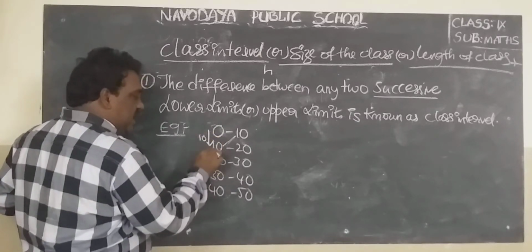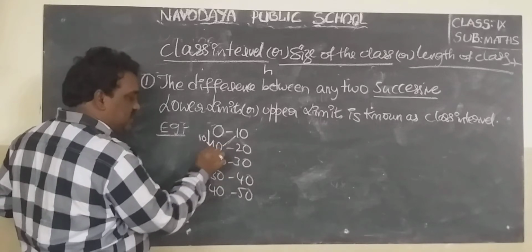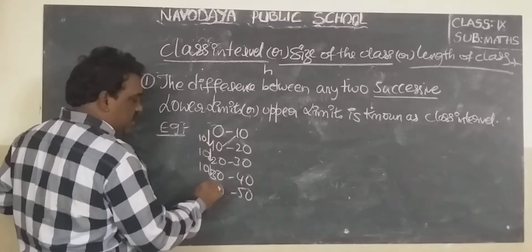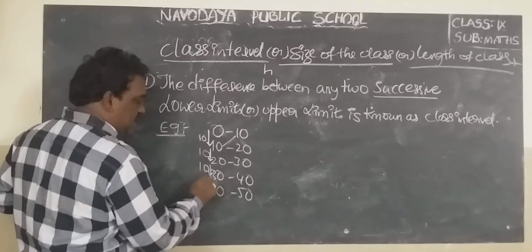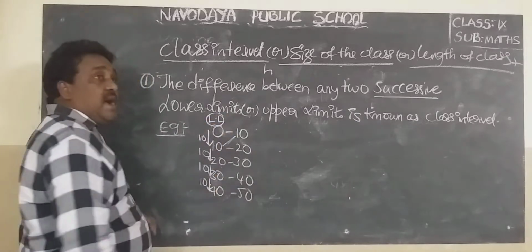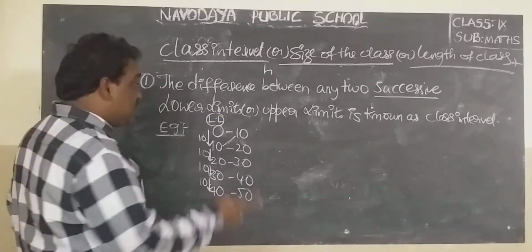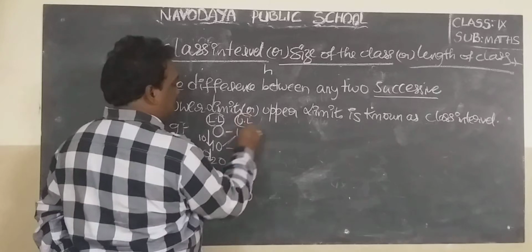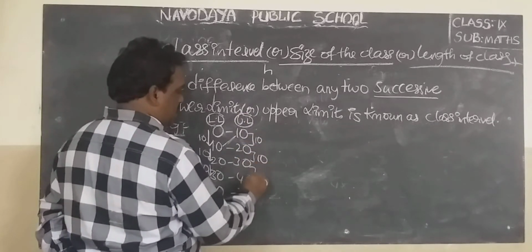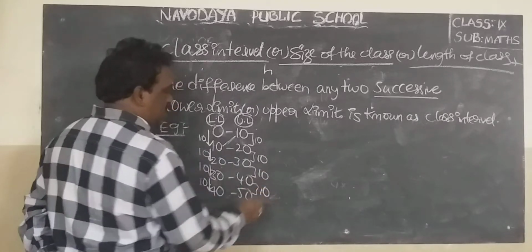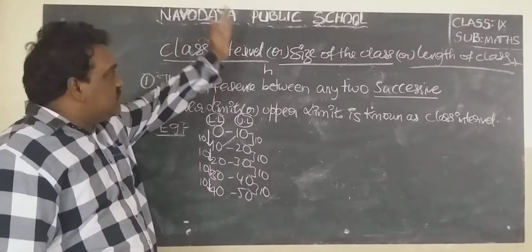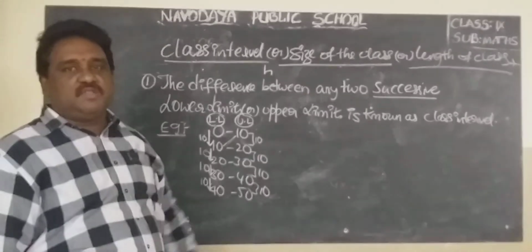Here also 20 minus 10 is 10, 30 minus 20 is 10, 40 minus 30 is 10. And not only lower limits, successive upper limits also have gap 10. This 10 is known as class interval or length of the class or size of the class.